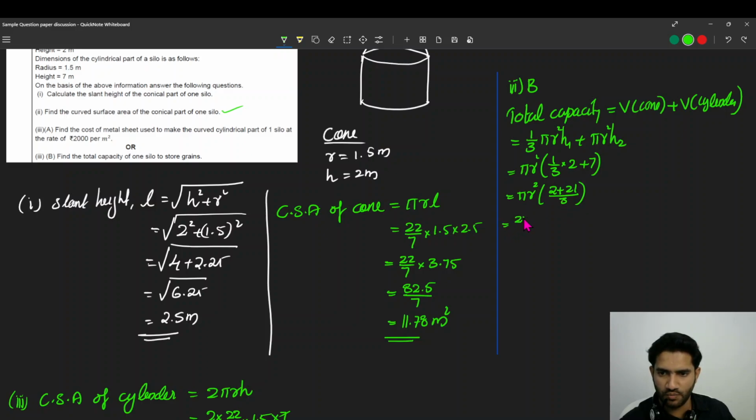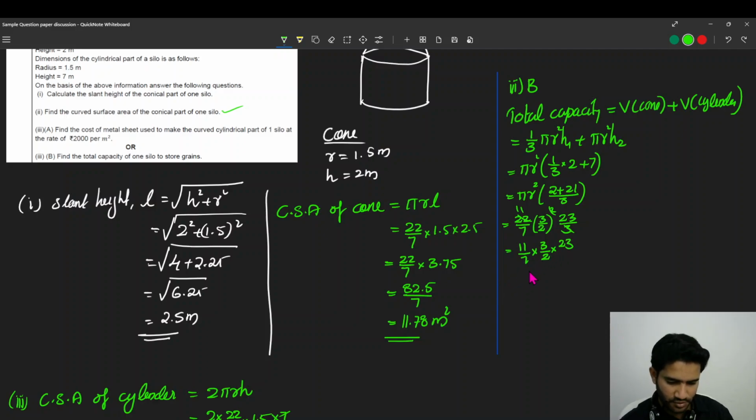Pi means 22 by 7. The radius 1.5 we can write as 3 by 2 square. Cancelling, we get 11 by 7 into 3 by 2 into 23.